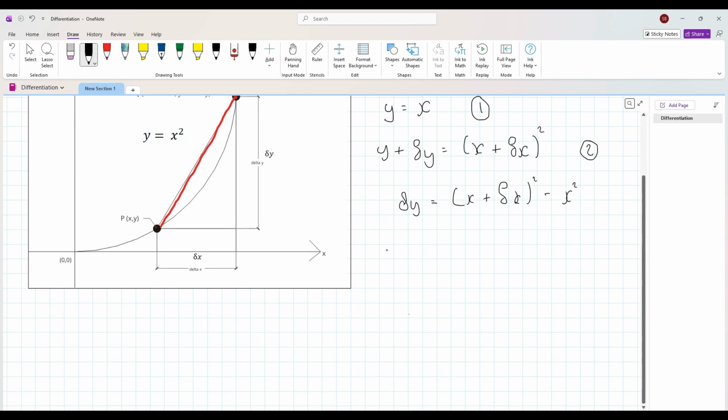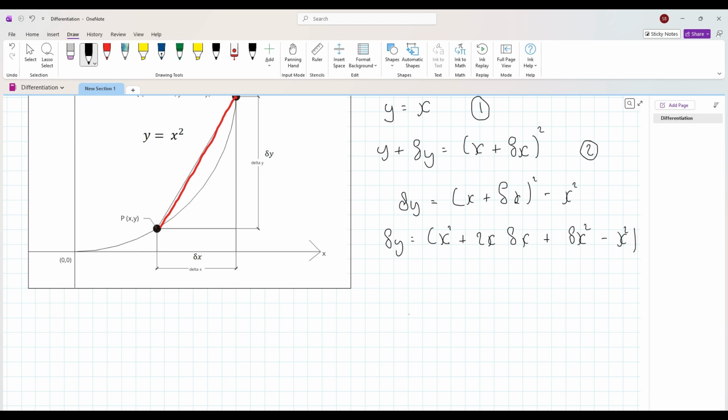Now let's expand the brackets, so we have delta y equals x squared plus 2x delta x plus delta x squared minus x squared.